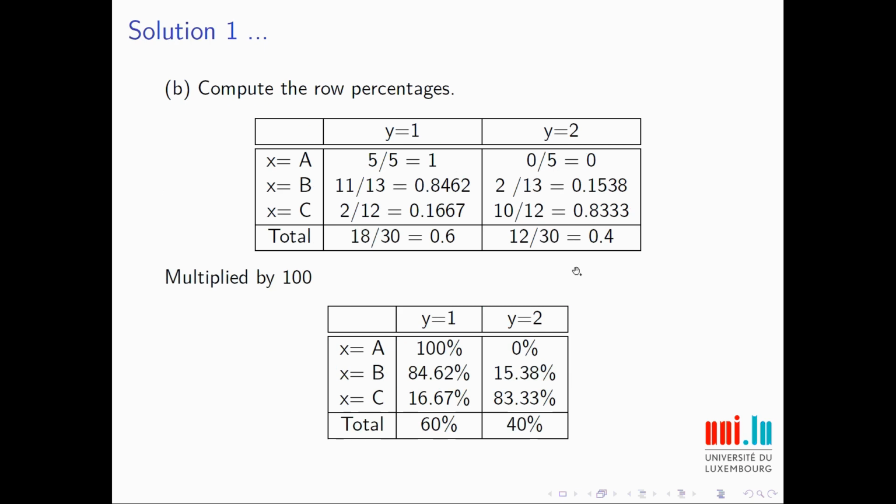Look, for example, when we calculated the row percentages, we get the next result. You see, for example, that 100% of observations for A are for value y equal to 1. It means the observation for variable x, which is A, can pop up only if the variable y is equal to 1.